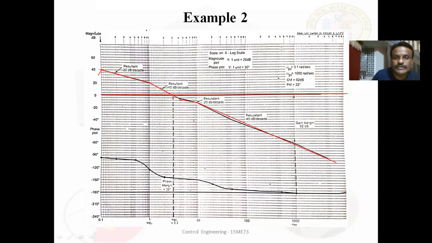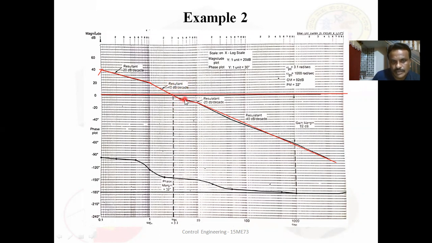Now you can see it. From here to here, this is the resultant slope, minus 20 dB per decade, that is one pole at origin. Then from here to here, that is another resultant, minus 20 dB per decade, for a first order pole.